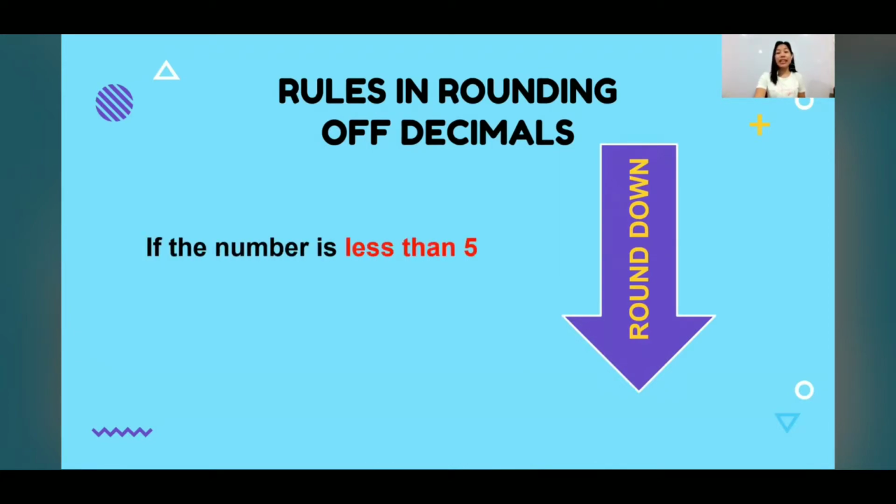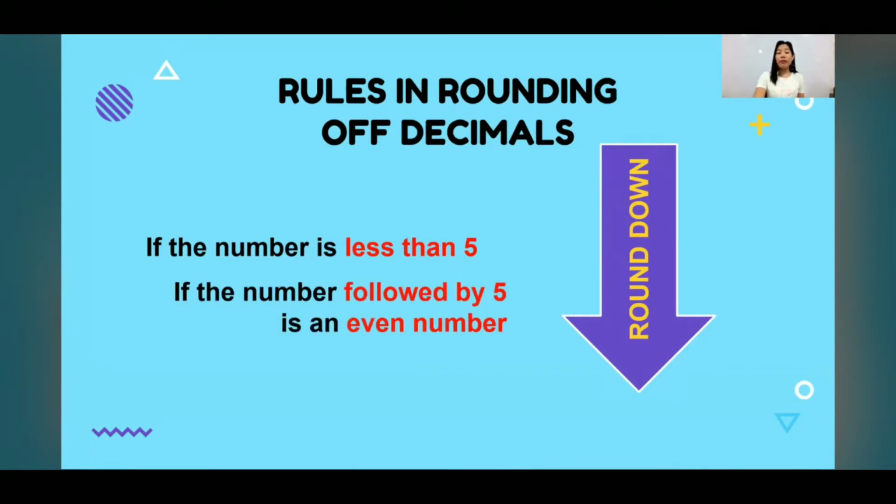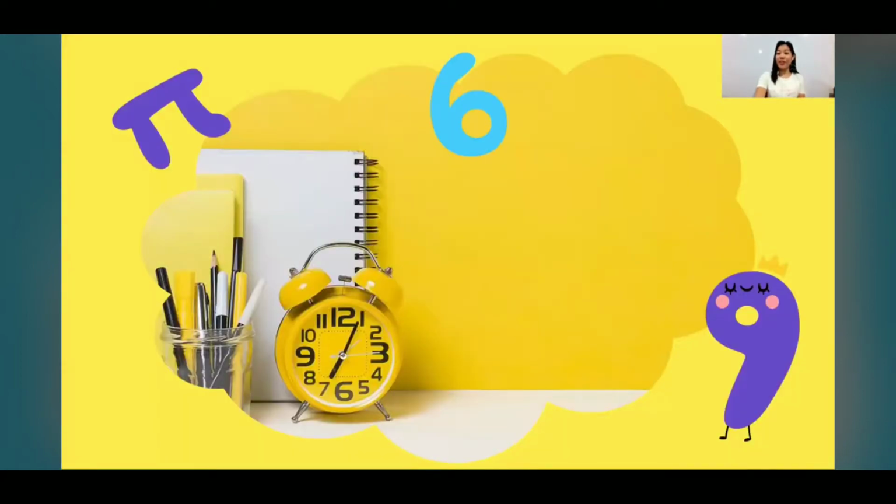Precisely, if the number is less than 5 or the number followed by 5 is an even number. Don't forget that we round up if the number followed by 5 is an odd number. If the number followed by 5 is an even number, we round down. Okay? Do you have any questions about this topic? Any clarifications? If that's the case, I think you are now ready for our next topic.